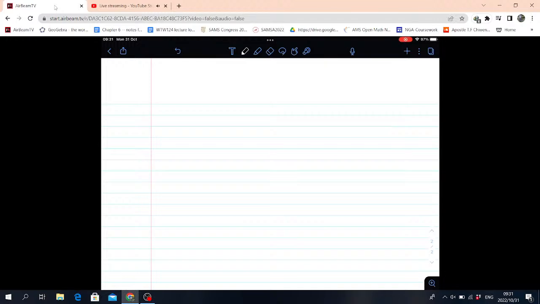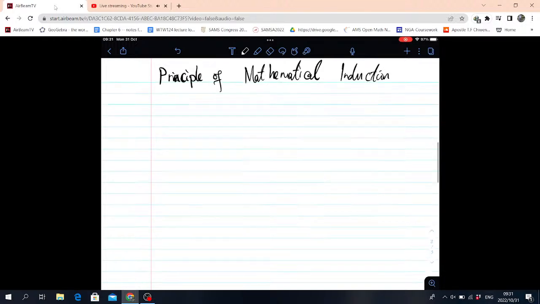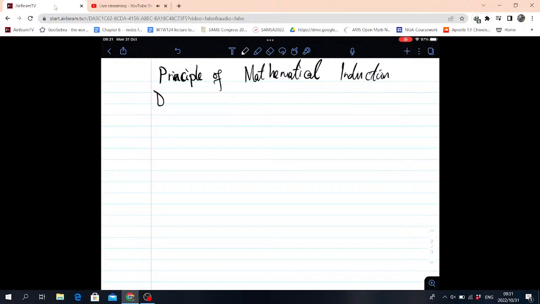So we used it. So this is the principle of mathematical induction. And we used it to prove part of De Moivre's theorem, if you remember, on Friday.